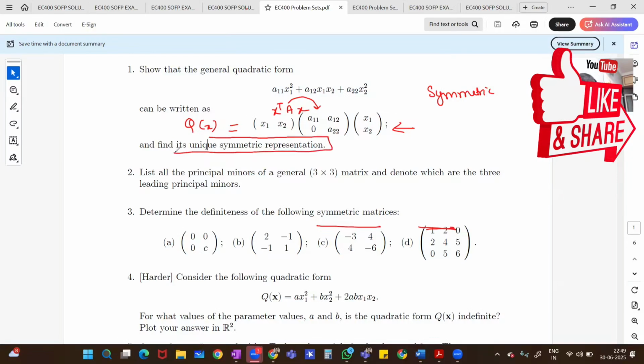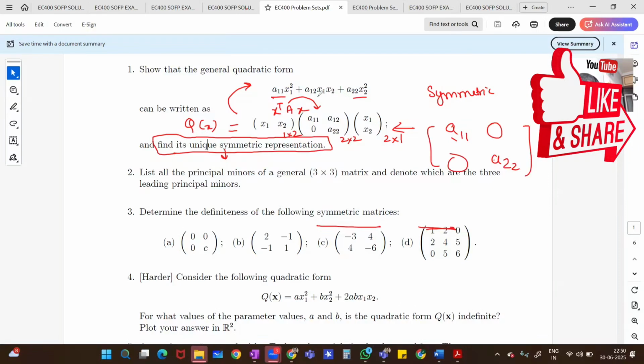The question is asking me, firstly, whether it is the same or not. So I need to prove it by expanding. This is 1 by 2, 2 by 2, 2 by 1. And then I need to make it a symmetric representation, which we have been doing in the last questions, where we have to take the principal diagonal, A11, A22, and then half of both of the products, A12 by 2, A12 by 2.